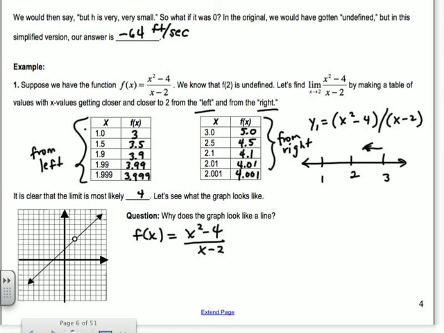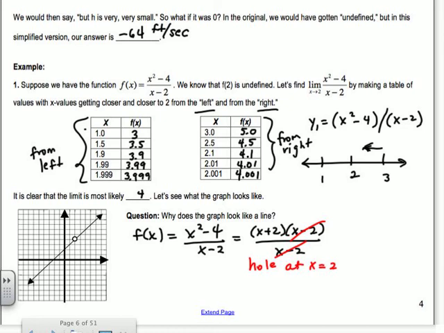So you have x plus 2 times x minus 2 all over x minus 2, and the x minus 2's cancel. In other words, if you remember from Algebra 2, that's a hole. There's a hole at x equals 2. It's a value that originally made your function undefined. So if you plug in 2, you get 0 over 0. But it cancels. So if you factor, it cancels out.